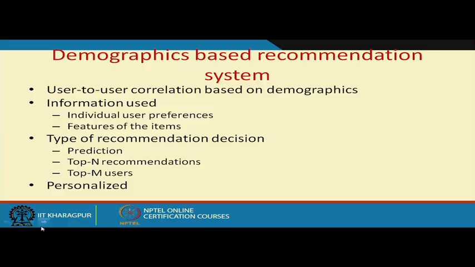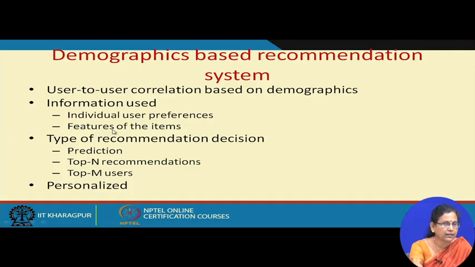So, the idea here is you use this demographic data. It is individual user preferences and feature of the item, these two are used to generate these demographic based recommendations. The kind of recommender decisions that can come out of it is prediction, top N recommendations and top M users. These ideas we have already discussed, what are these types and all. Then it is also personalized.